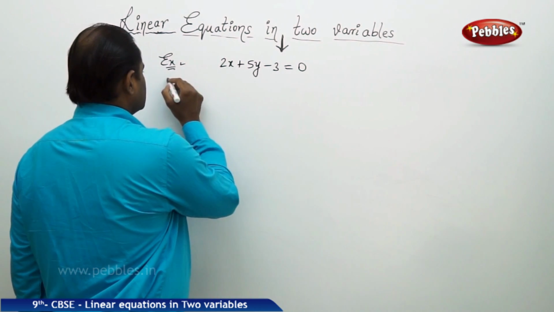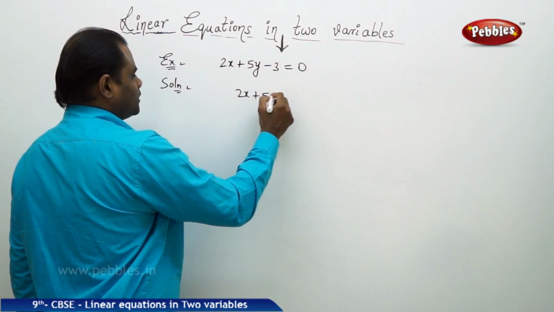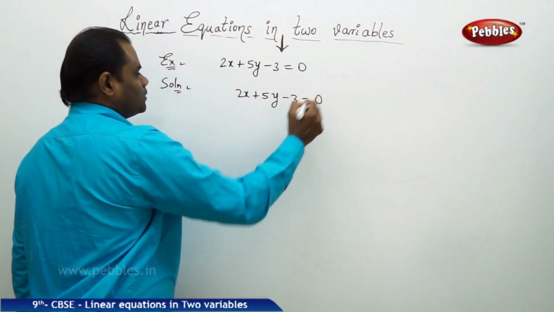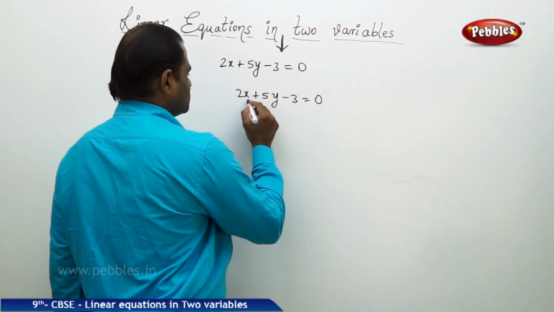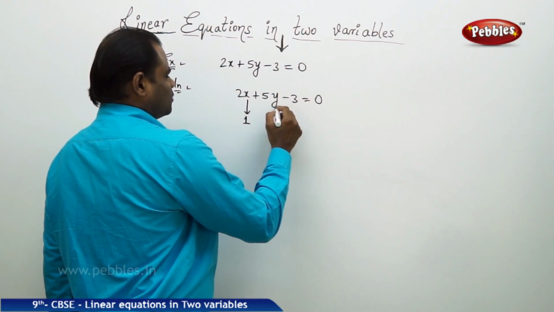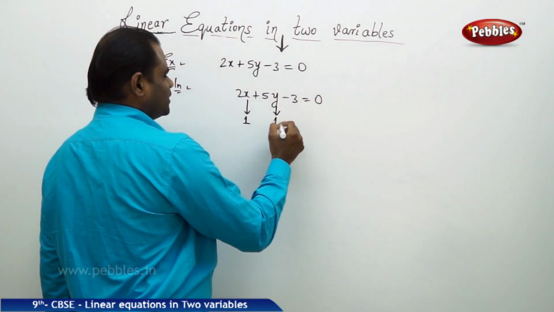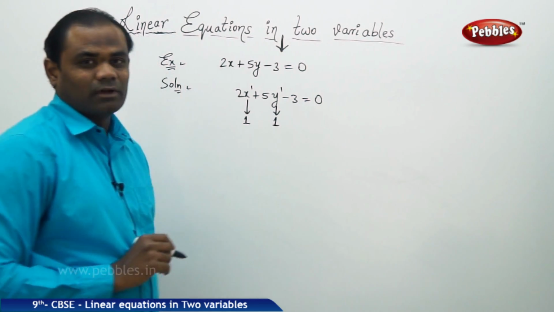Rule 1 is first to take the given equation in the form equal to 0. Rule 1 is the degree is 1, because its power is 1 for each of x and y.